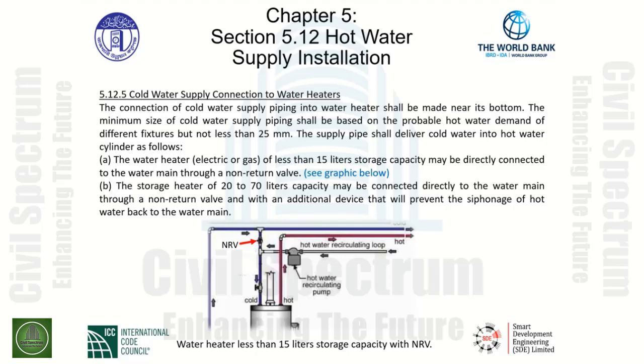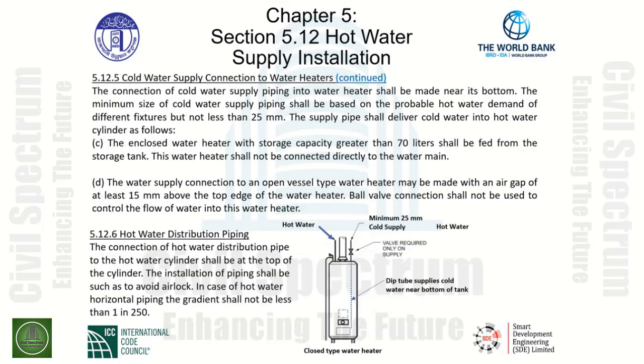So this section gives us specific information and requirements, not only for minimum pipe size of 25 millimeters, but also connection requirements and capacity requirements for water heaters and storage capacity criteria.